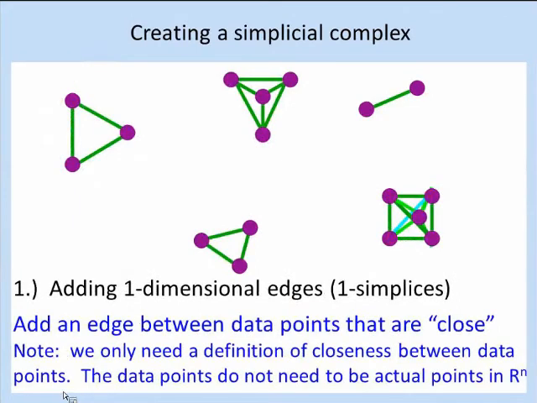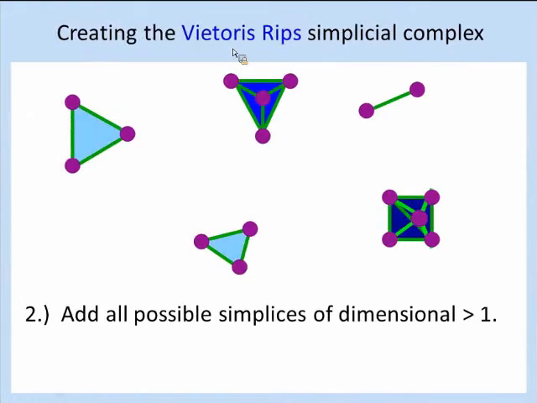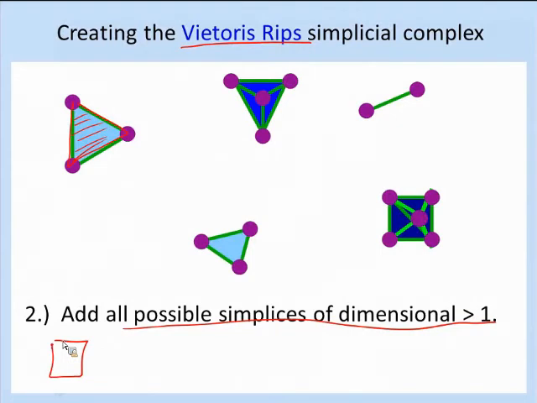But we can then create the Rips complex. For the Vietoris-Rips complex, we now add all possible simplices of dimension greater than 1. If I want to add a two-dimensional simplex, that is a triangle. As long as I've got 3 edges forming a triangle, I can go ahead and add my 2-simplex. If I have something forming a square, that's not a triangle.